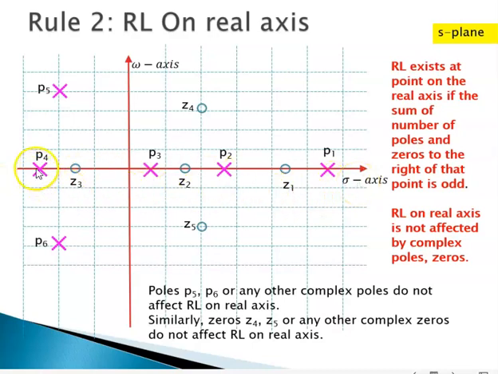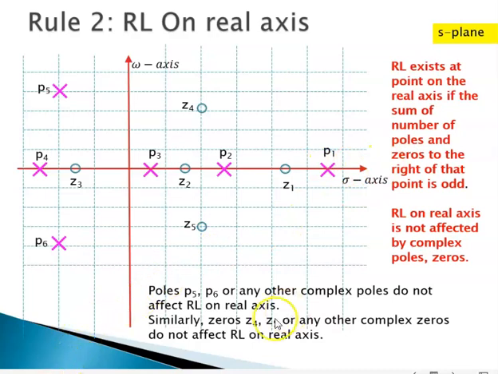To decide in which regions on the real axis you have root locus existing, the others, that is P5, P6, Z4, Z6, do not matter. We are only concerned with poles and zeros lying on the real axis.